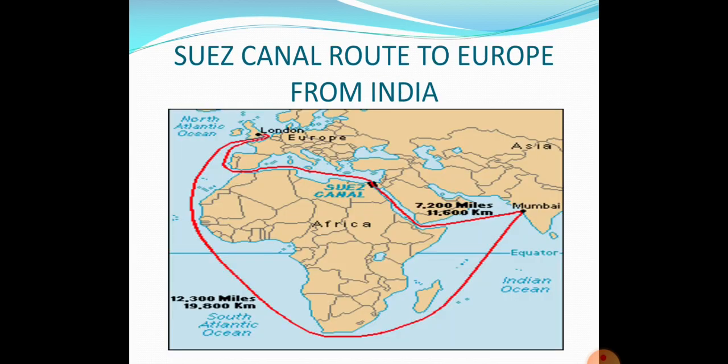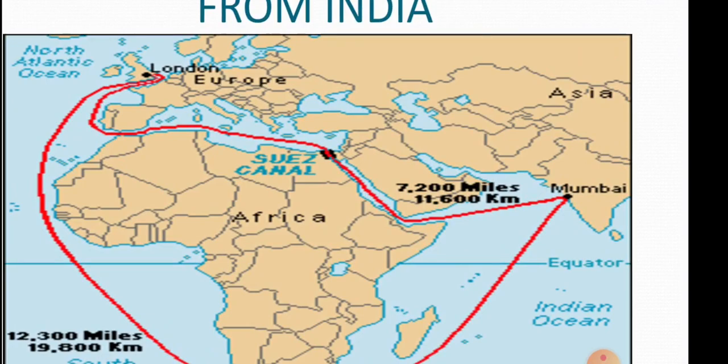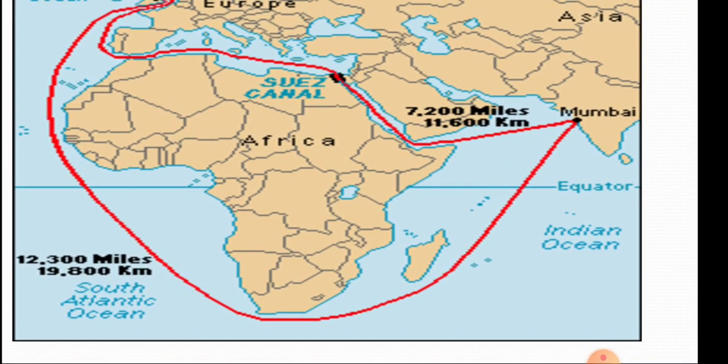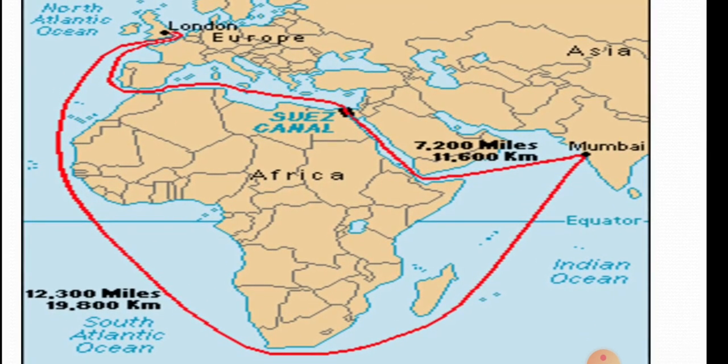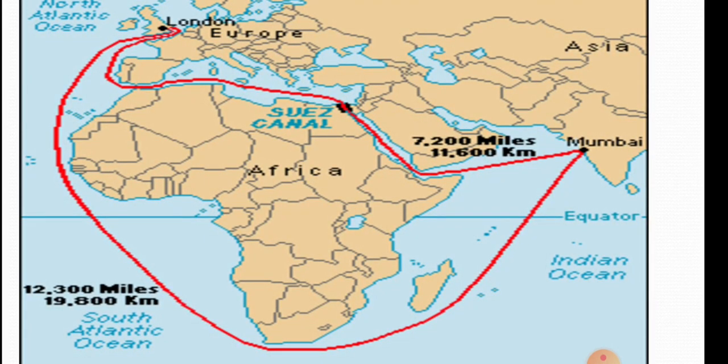Now Suez Canal route, as I was telling you earlier, the distance between Europe and India was around, here you can see, 19,800 kilometers through Cape of Good Hope route. So you have to circle the entire African continent and go to Europe.